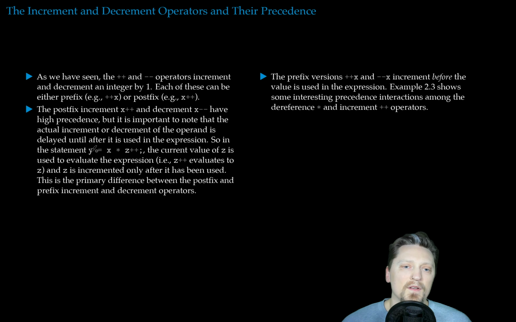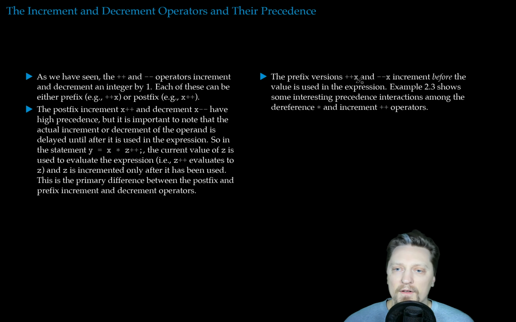So in the statement y = x * z++, the current value of z is used to evaluate the expression, i.e. z++ evaluates to z, and z is incremented only after it has been used. This is the primary difference between the postfix and prefix increment and decrement operators.